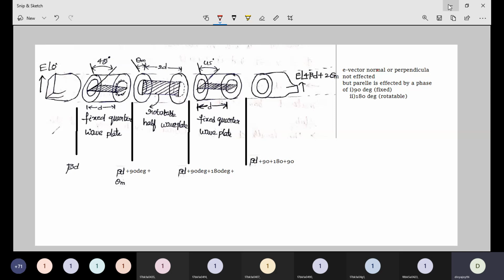Turn your pages and first of all note down the formulas related to the coupling factor, directivity and the isolation. We'll give you 2 minutes time. Take down the formulas related to those three.